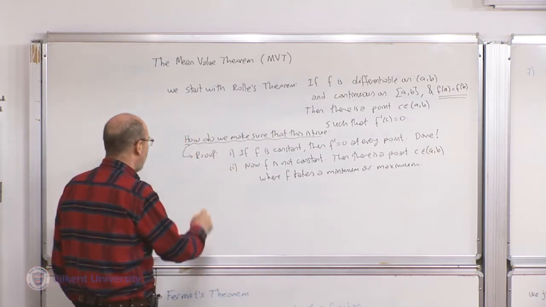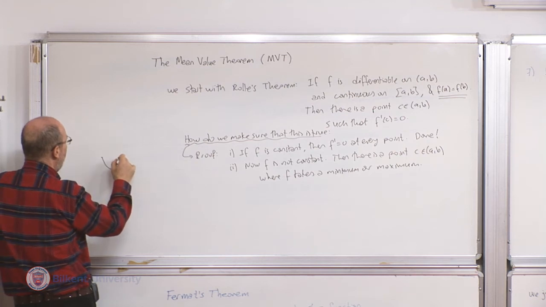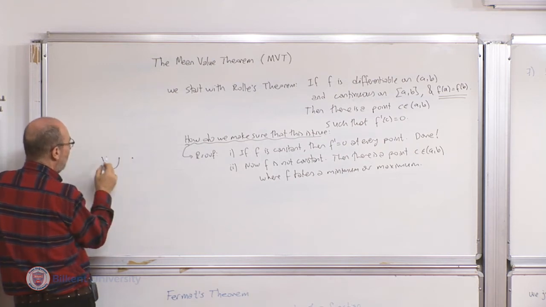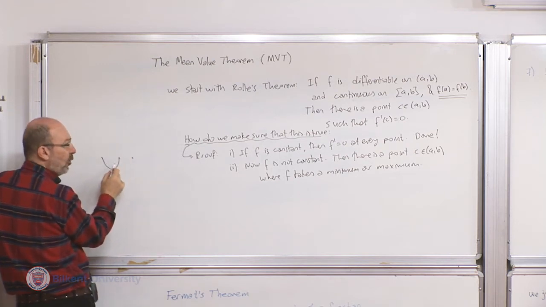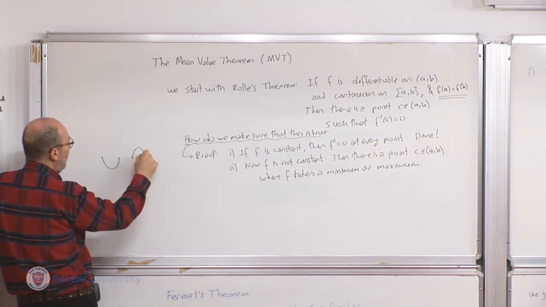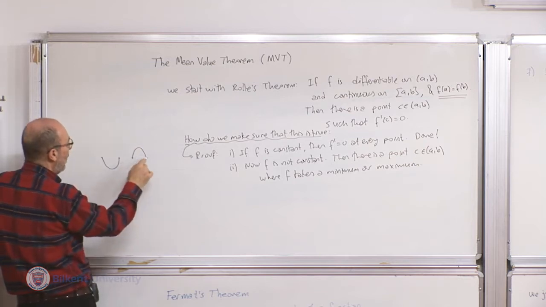Let us draw the cases that we are thinking about. It can be like this: here this is the minimum, and the function takes its maximum at the endpoints. So there the derivative is not 0. It can be like this: the function takes its maximum here, minimum at the endpoints.